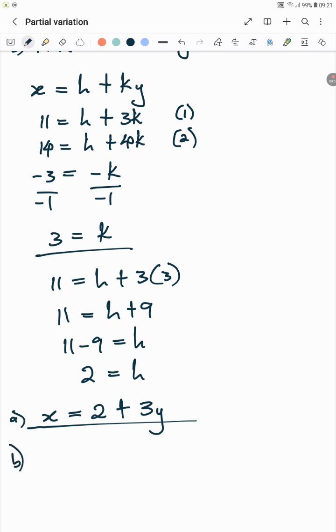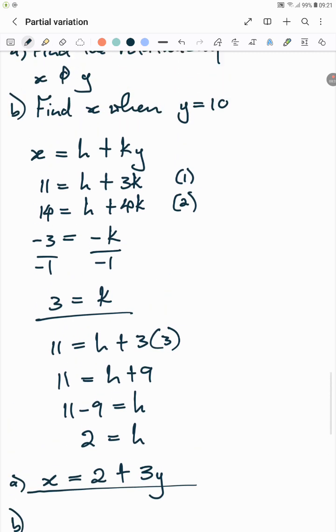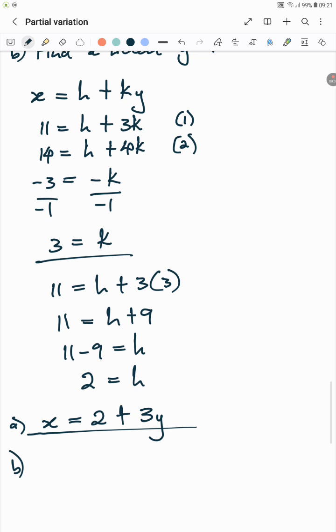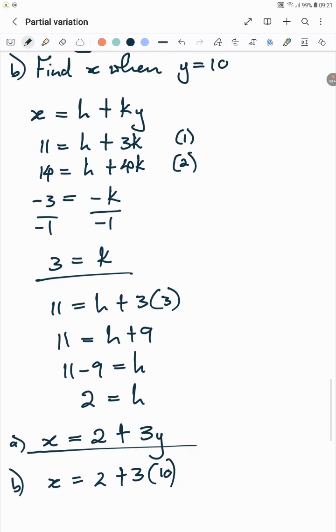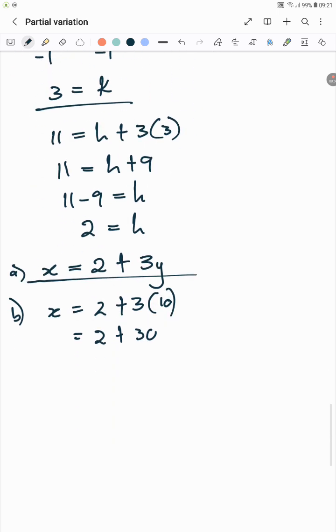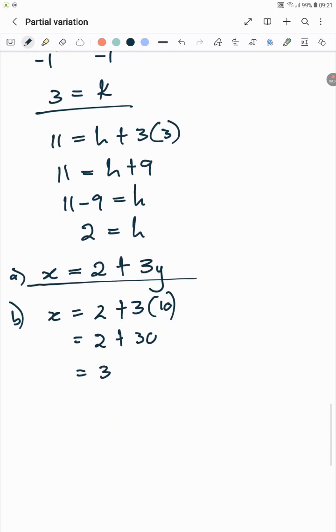And part B says find x when y is equal to 10. So we are substituting y in this equation with 10, and here you're going to get 2 plus 30, which will give you an answer of 32. So x will be equal to 32.